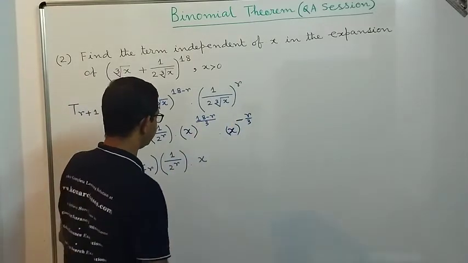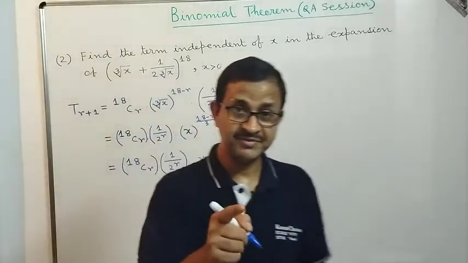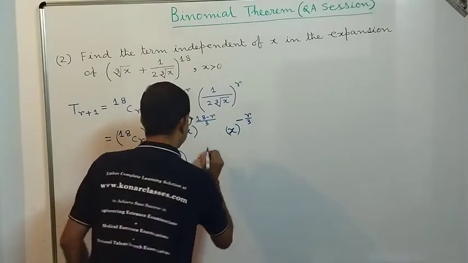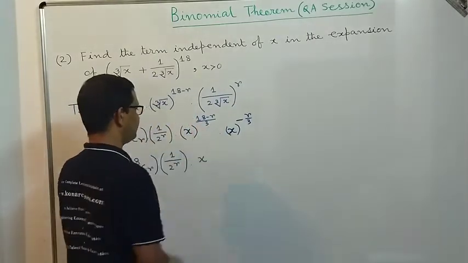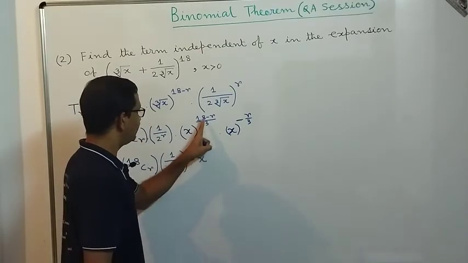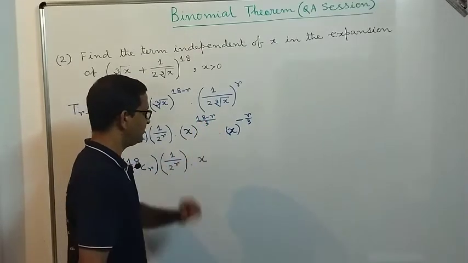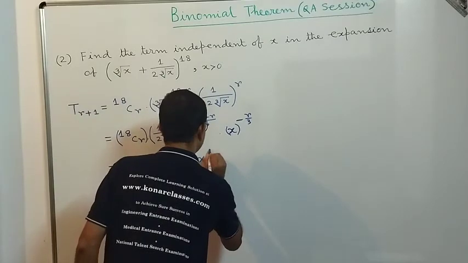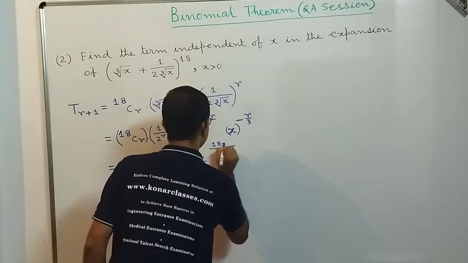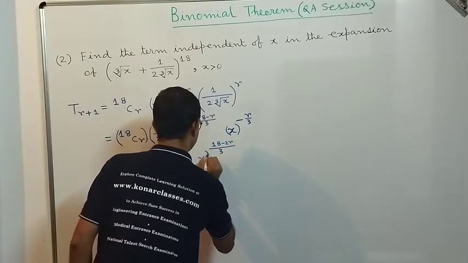Using the laws of indices, a^m into a^n is a^(m+n). So x to the power (18-r)/3 into x to the power -r/3 will become x to the power (18-r-r)/3, because denominator 3 is common. So we get 18 minus 2r, divided by 3.